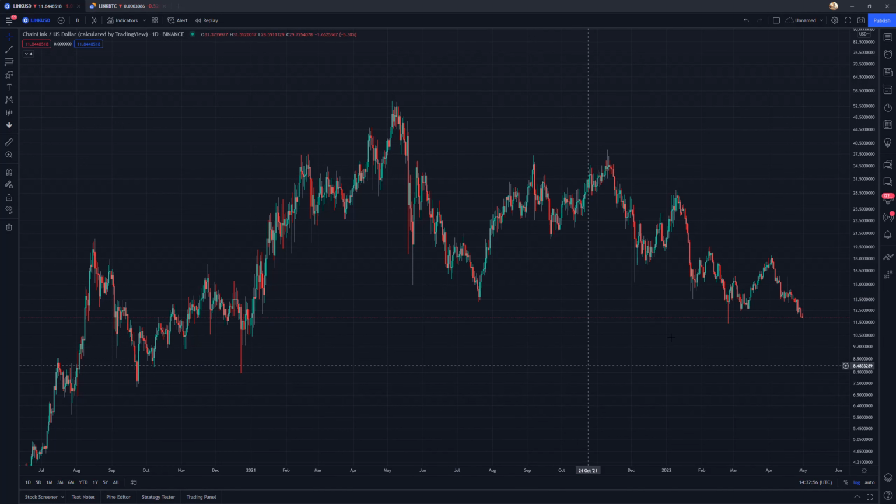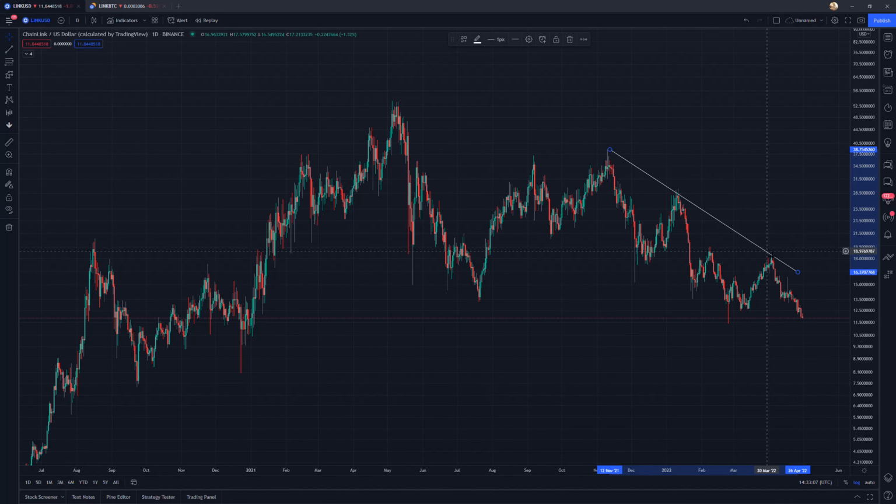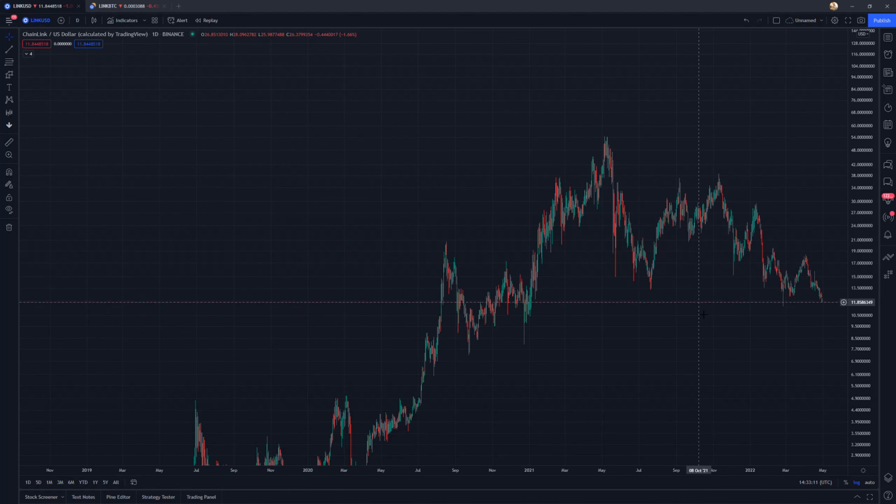But since then, you can see how we've come back down. We've formed a new lower low, and we have this declining structure with lower highs. So it is a very defined downtrend, right? We have this pretty dominant downtrend with lower highs and lower lows.